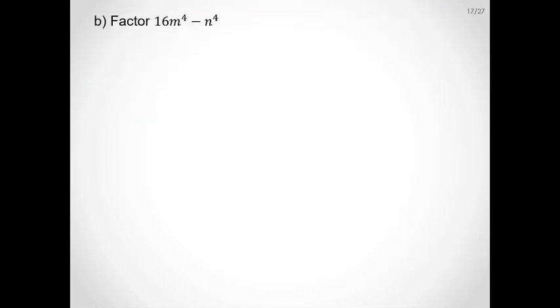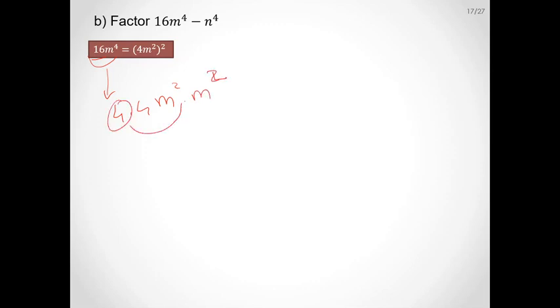Now let's look at this factoring here: 16m to the fourth minus n to the fourth. Again, the first thing to think is, are they squares? Yes, 16m to the fourth is 4m squared squared. You can verify this: 4 times 4 is 16, and m to the fourth can be written as m squared squared.